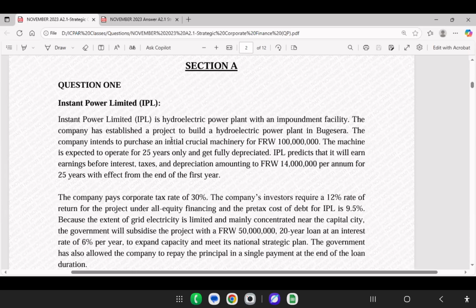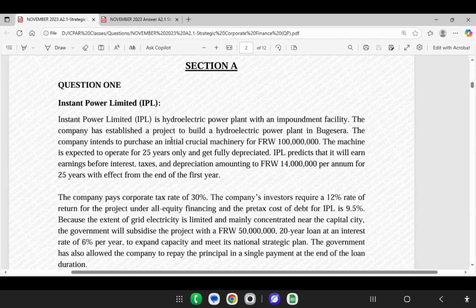The company predicts that it will earn earnings before interest, tax and depreciation amounting to Rwandan francs 14 million per annum for 25 years with effect from the end of the first year. The company pays corporate tax at a rate of 30%.